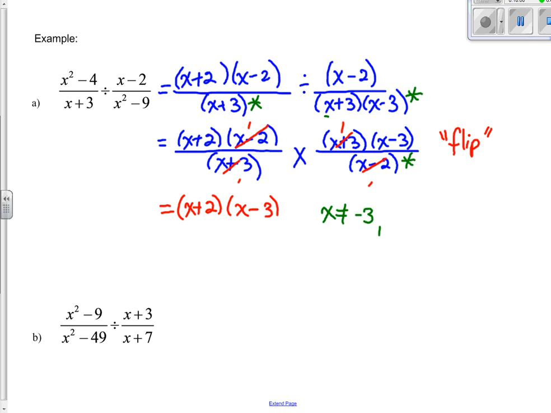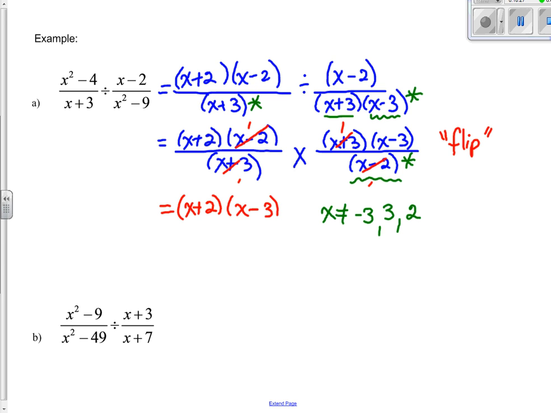For the next pair, I've already taken care of him, but I need to do that one. If I had a 3 in that bracket, 3 take away 3 is 0. That's also a problem. Going to the last star, I can't have a 0 there either, and that happens when x equals 2. My answer is x plus 2 times x minus 3, where x cannot be minus 3, 3, or 2.